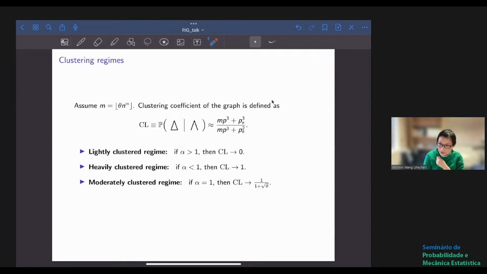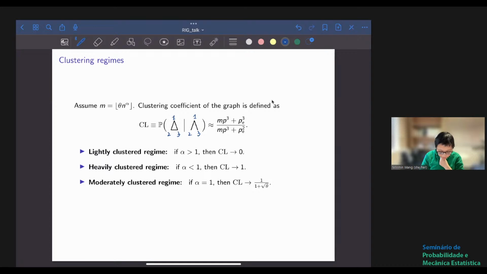Here I'm interested in a quantity called the clustering coefficient. So what is the clustering coefficient? I take three vertices, let's say 1, 2, 3. Assuming that both 2 and 3 are already connected to vertex 1, what is the probability of 2 and 3 being connected to each other? This conditional probability is called the clustering coefficient of this graph.